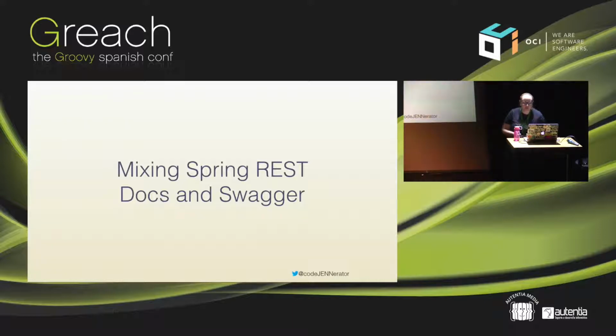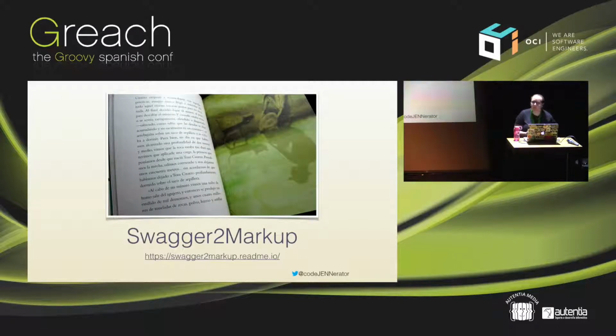In order to do that, there are two libraries that make it a little bit easier. The first one is called Swagger2Markup, and rather than using the Swagger UI, it takes Swagger and converts it to Markdown or AsciiDoc, which you can also use with the snippets that Spring Rest Docs generates.